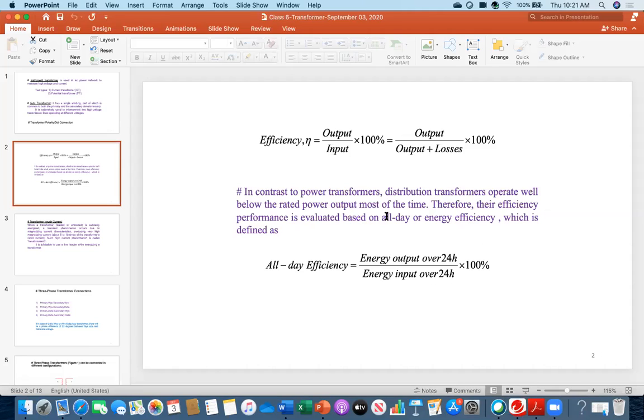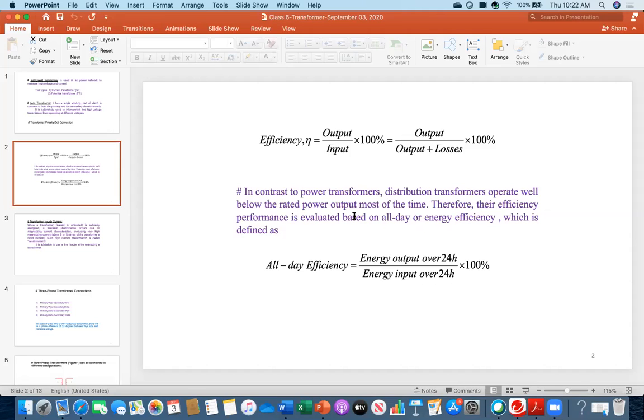Because as I mentioned, it depends on the customer's behavior, lifestyle, and characteristics. Someone uses high power in the morning, someone may use it at night, someone may use it during noon. So over 24 hours you are not consuming the power equally. That's why distribution transformers are not overrated. They run well below the rated power output.